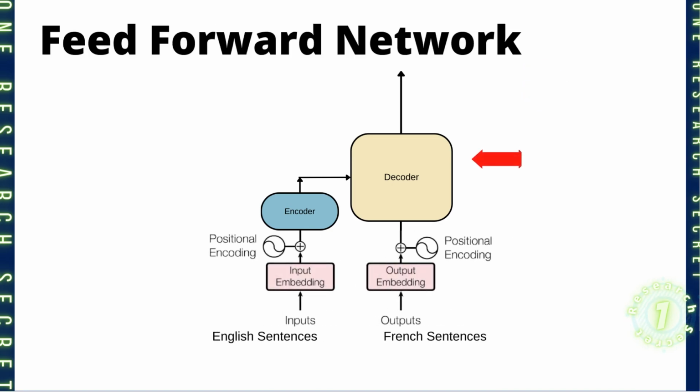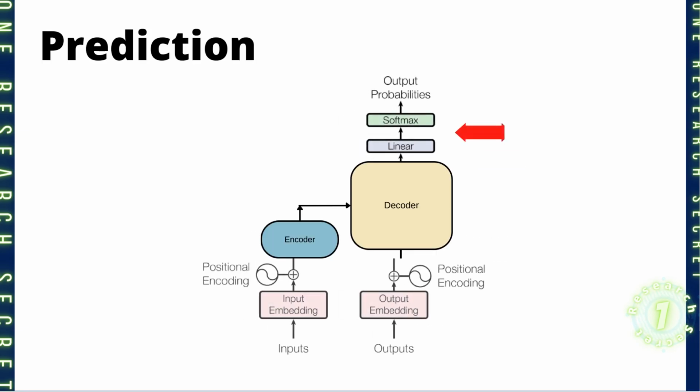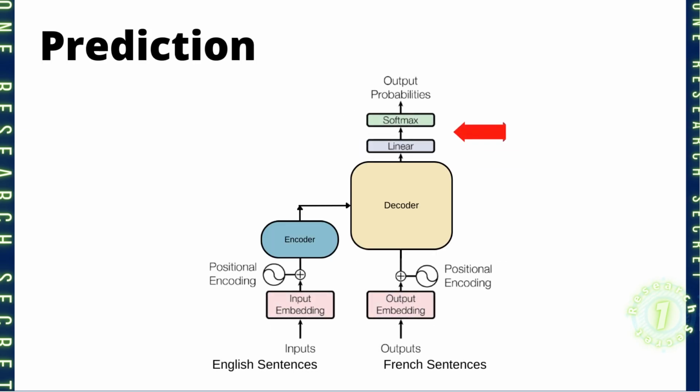So with the help of the English and French vectors, a feed-forward network inside the decoder produces a vector. The softmax and the linear layer help in converting the decoder's output vector to probability scores. The word with the highest probability is the output of the model. This is the predicted French word.